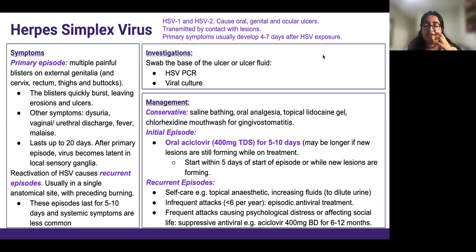If they have recurrent episodes, you'd want them to continue taking care of themselves with the conservative measures you advised earlier. But if they're having greater than 6 attacks per year, you could consider giving a very long term of antivirals in order to hopefully suppress the virus.